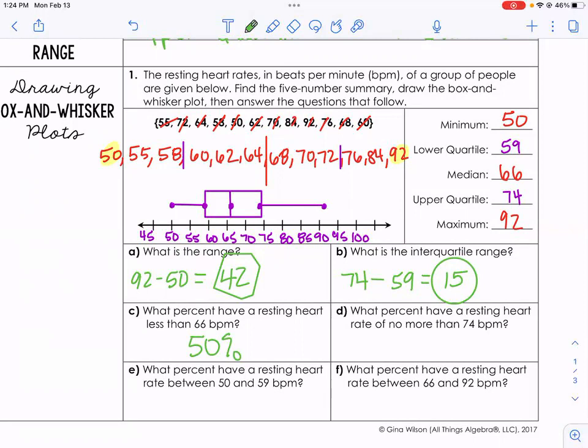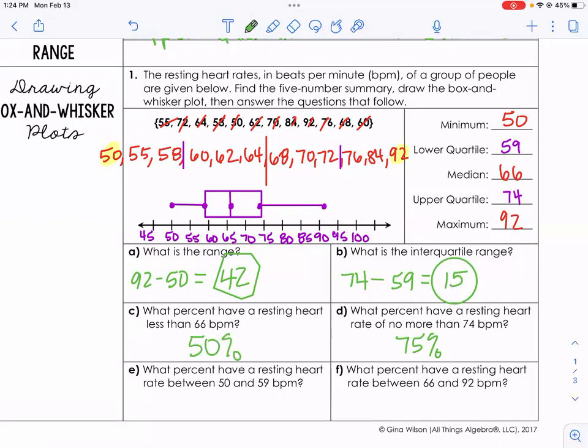What percent have a resting heartbeat of no more than 74? Well, more than 74 would be 25%, right? So we're talking about 75% have no more than 74.